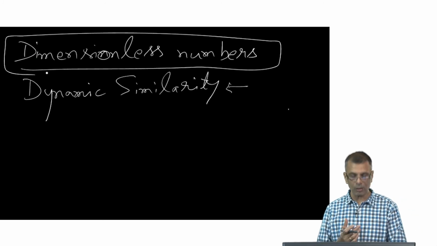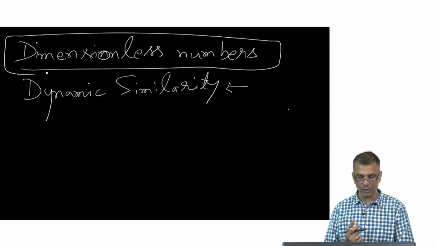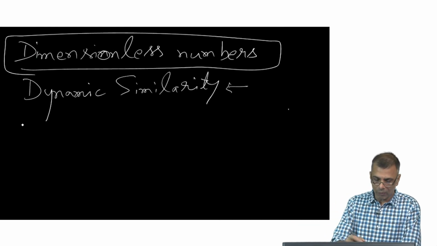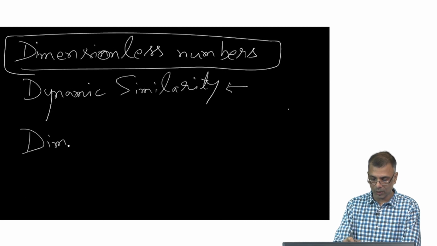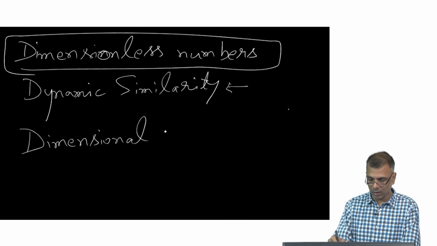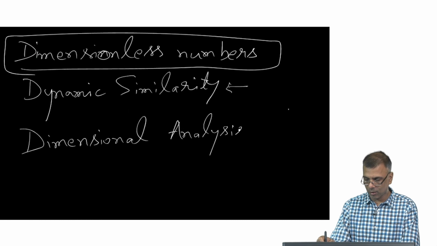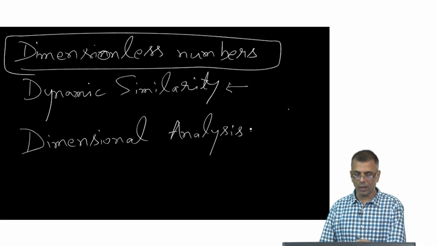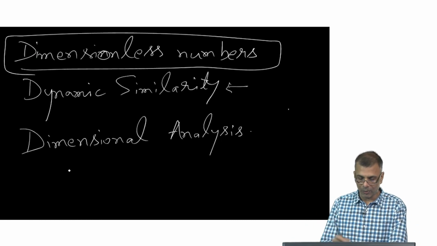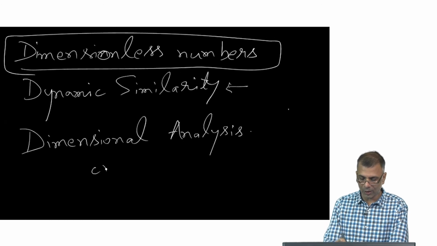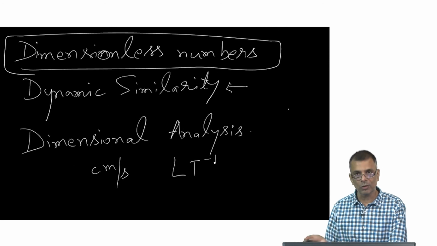Underlying this whole concept of dimensionless numbers is the familiar concept of dimensional analysis, which you must be familiar with, doubtless. It simply asks, what are the dimensions of speed? Well, the dimensions of speed are centimeters per second, or L T to the power of minus 1, and so forth.